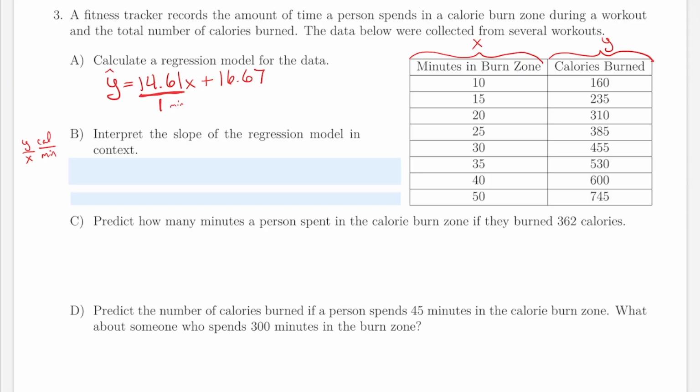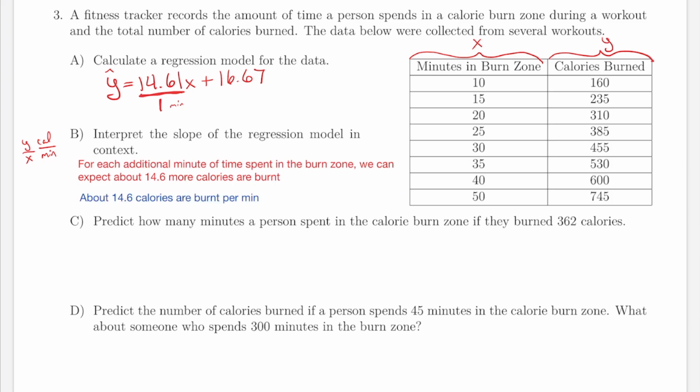If we were to interpret this slope, here's a nice, maybe kind of formal way of saying it: for each additional minute of time spent in the burn zone, we can expect about 14.6 more calories are burnt. A little more informal way of saying it: we're going to burn about 14.6 calories per minute. One's a little more formal, the other one is a good contextual, hey, I understand what's happening.